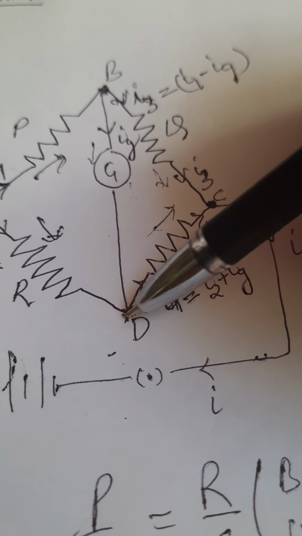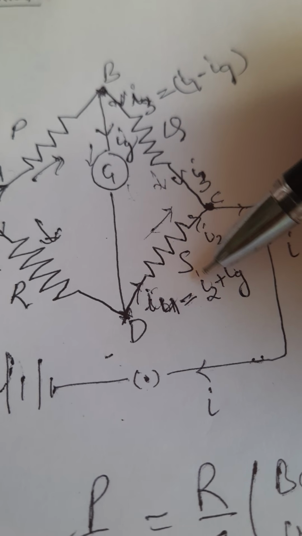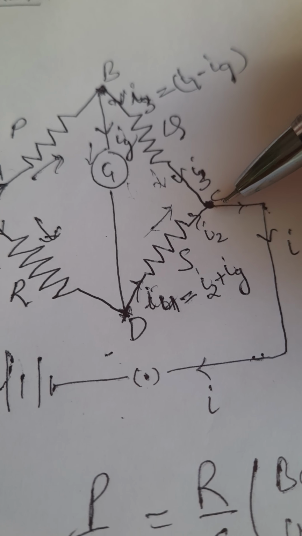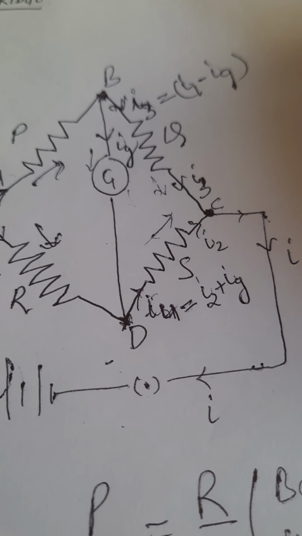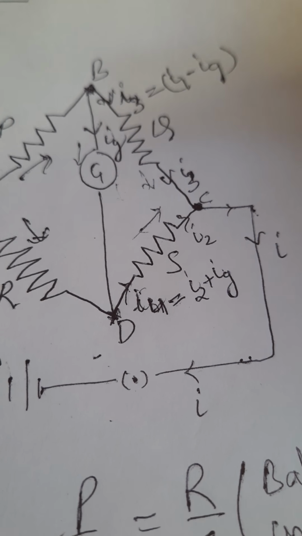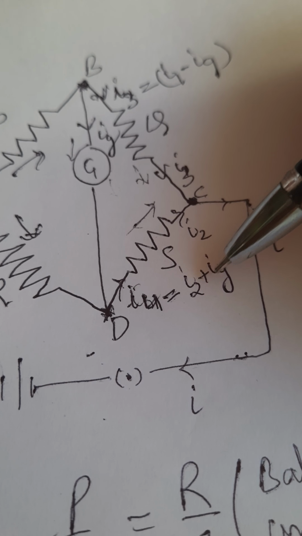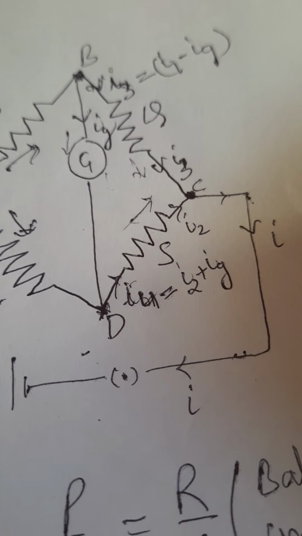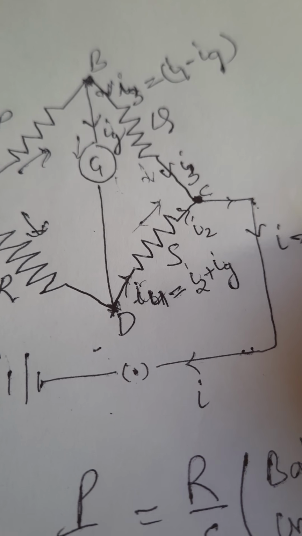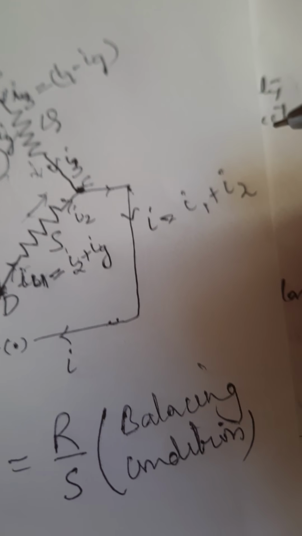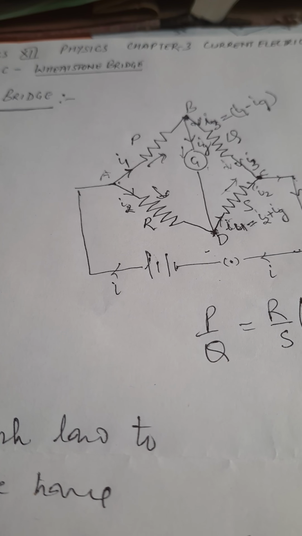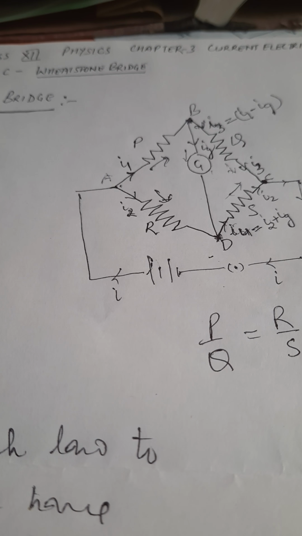Ig and I2 add up and that flows through S. So the total current, if we add I1 minus Ig plus I2 plus Ig, is equal to I1 plus I2. So this is about the distribution of the current.